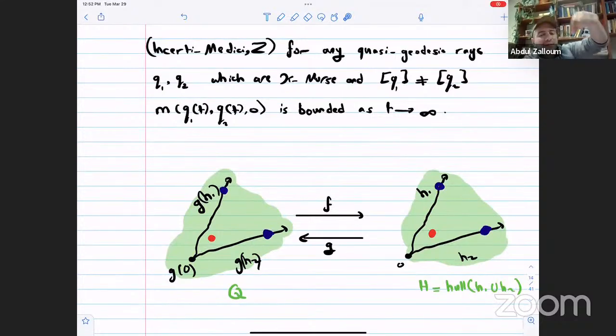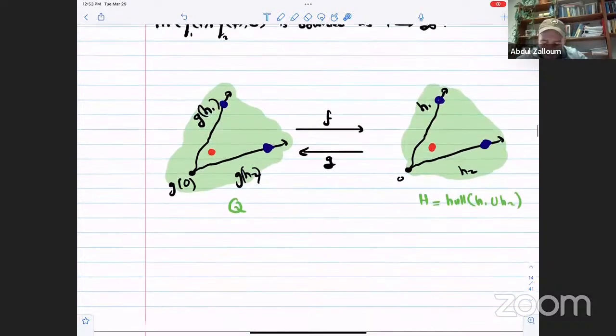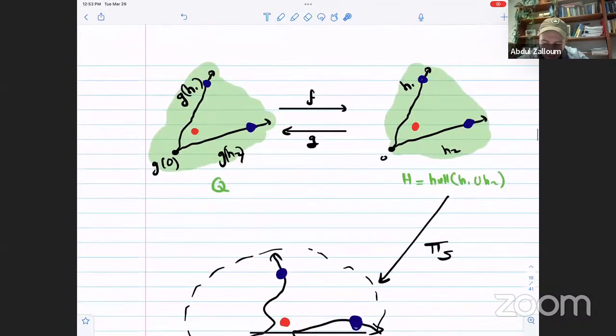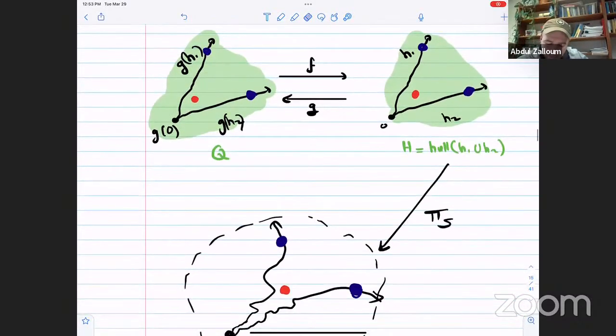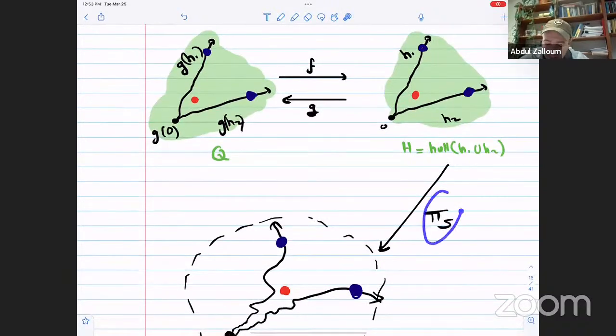Again, this is an essential part of the statement here, that the map is median. So this tells me that H1 and H2 are median paths whose median is within a bounded distance from the origin. But the map to the hyperbolic space is median preserving. This pi sub S map, by the construction of the median in the HHS, has to go to the median in the top level curve graph.